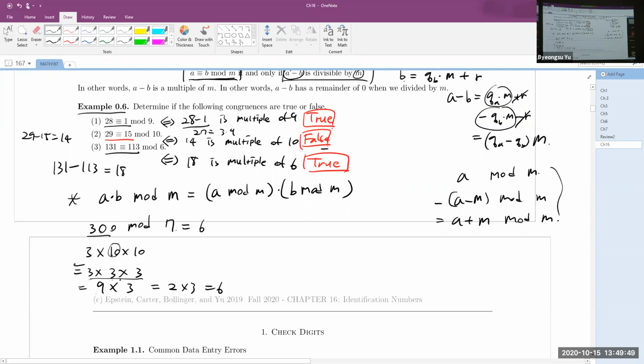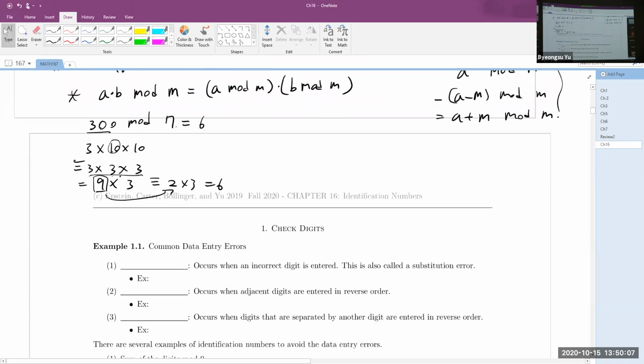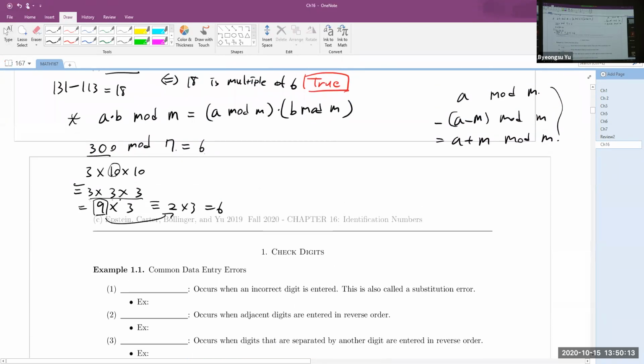And also 3 times 3 is 9, and 9 mod 7 is 2, so you can change this 9 into 2 to get the final answer, right? This is not in the textbook, but it may be useful when you calculate, so that's why I introduce it. Okay.